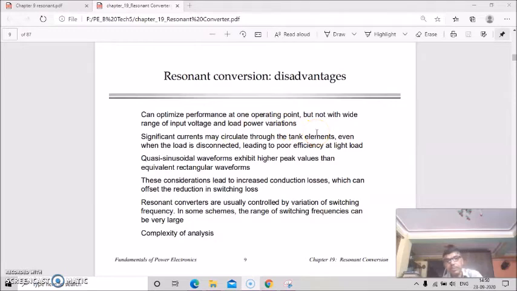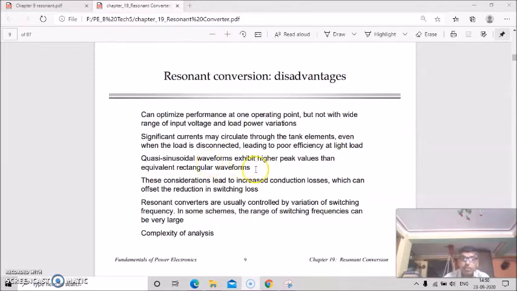Significant currents may circulate through the tank elements even when the load is disconnected, leading to poor efficiency at light load.